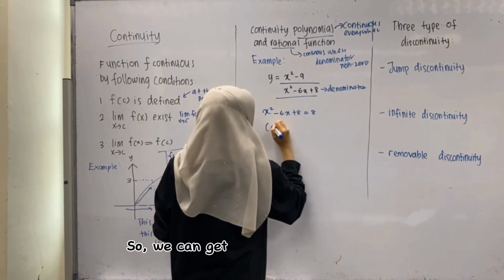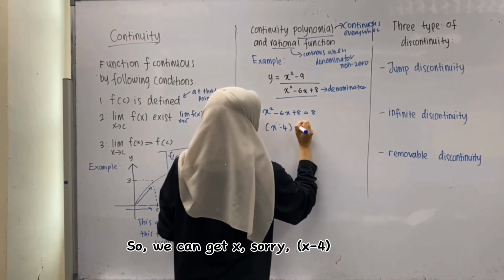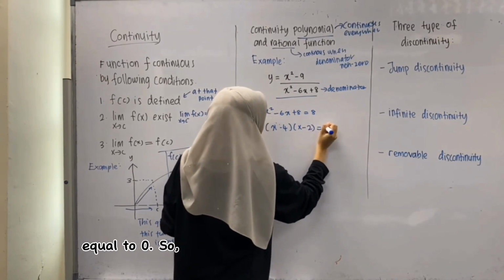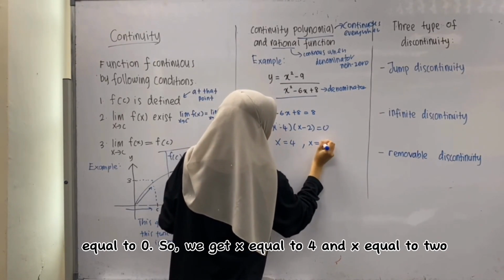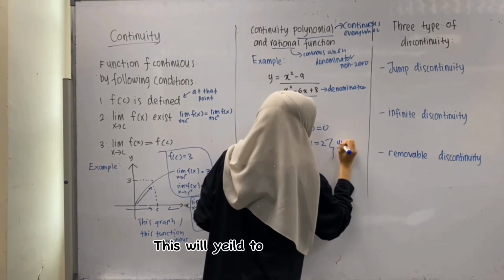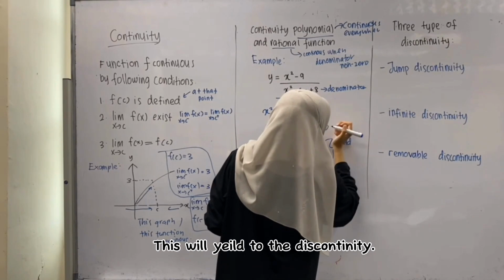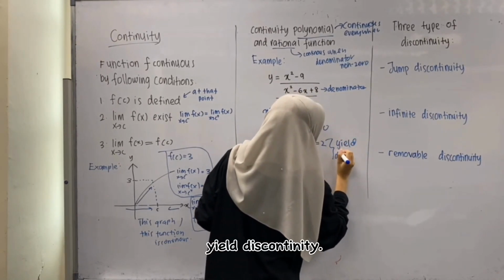So we set x minus 4 and x minus 2 equal to 0. We get x equal to 4 and x equal to 2. These yield discontinuity.